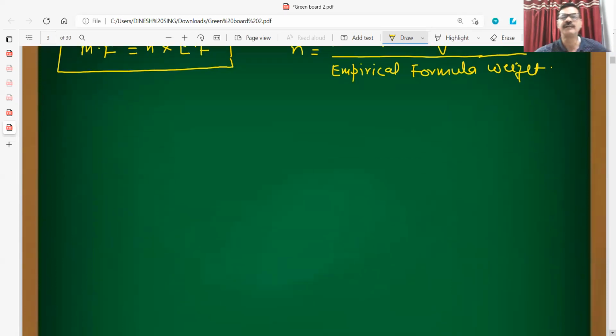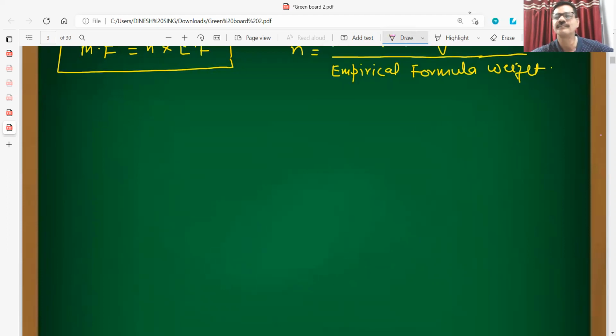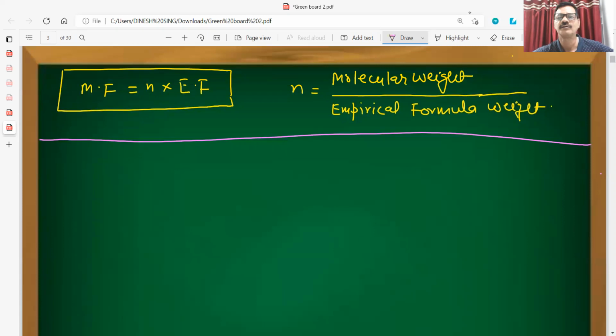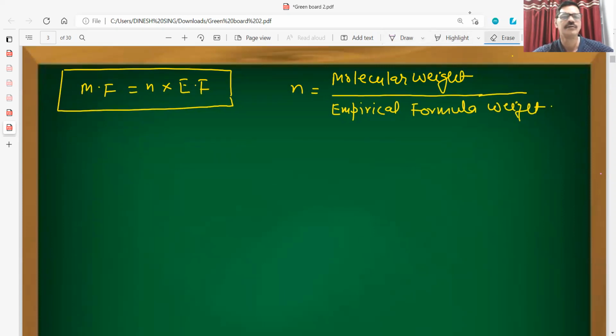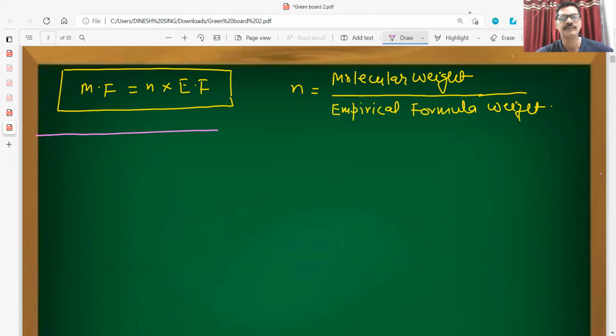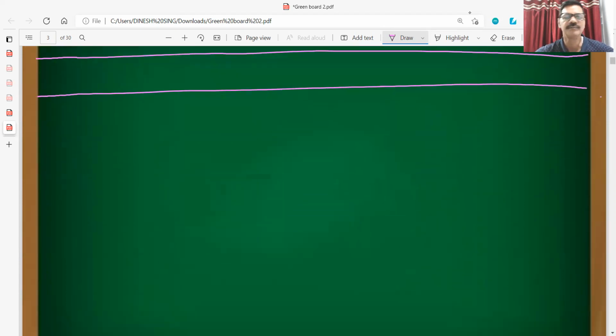Now, how can we determine the empirical formula? For that we can make one table. Suppose this is one table with a total of 5 columns, 1, 2, 3, 4, 5, that we are considering.